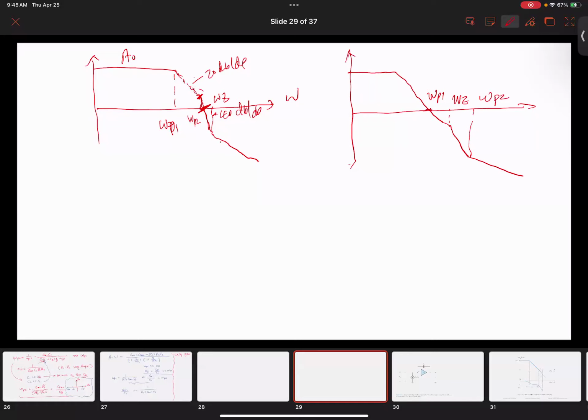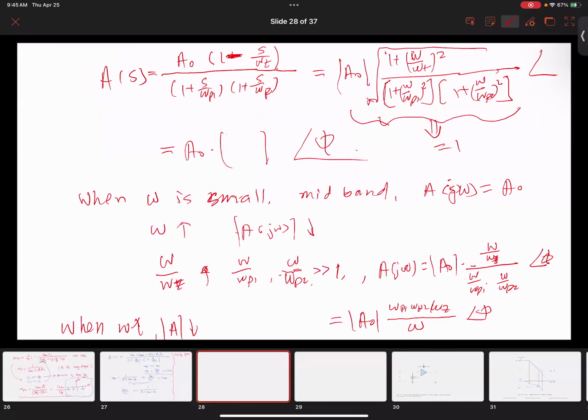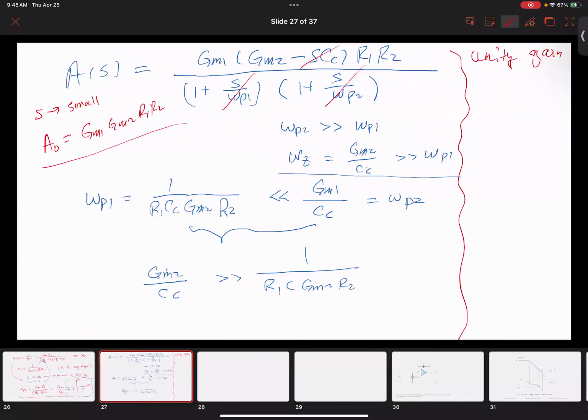That's our Bode plot. Now, in the same plot, we can also draw phi. And our phi equal to, if you look at here, we have 1 zero and 2 poles.